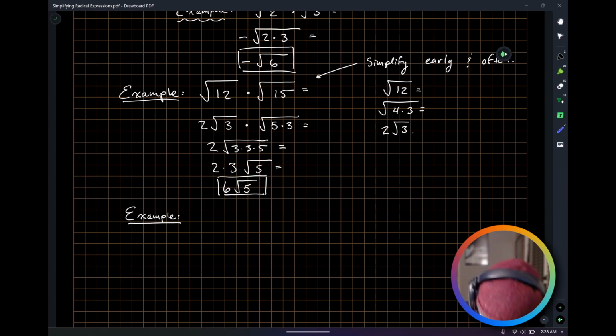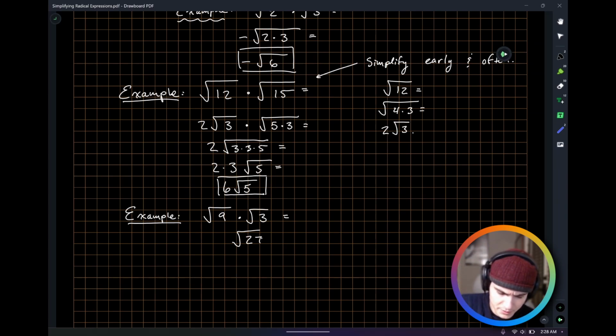Well, let's look at this example. This one's interesting. Again, a lesson in simplifying early and often. Let's say we have the product of the square root of 9 and root 3. One could say, sure, this is the square root of 27. But that's not simplified.